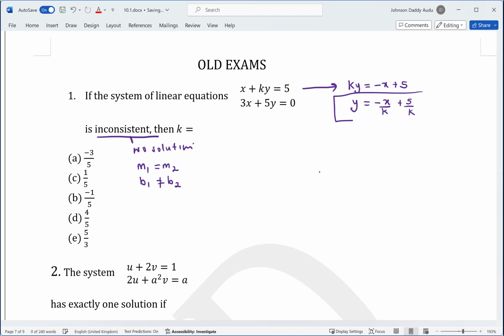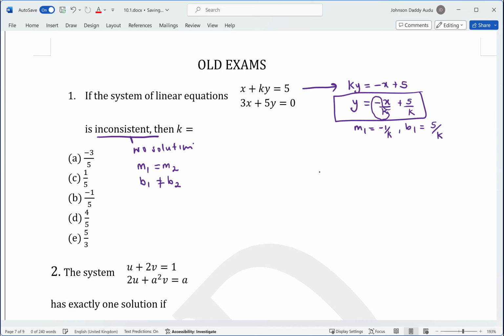So this is your first equation. And what does this mean? This means your slope, m1, is going to be minus 1 over k. Remember, the slope will be the coefficient of x. And b1 is just 5 over k. So this is the information we get from the first line.